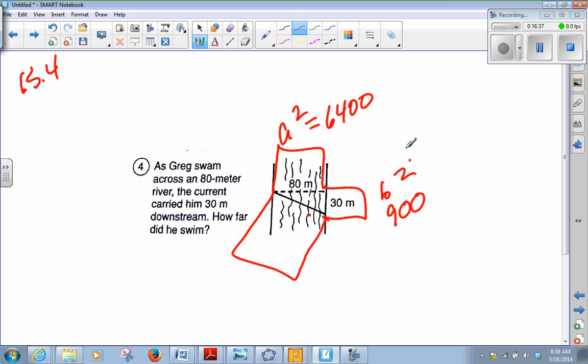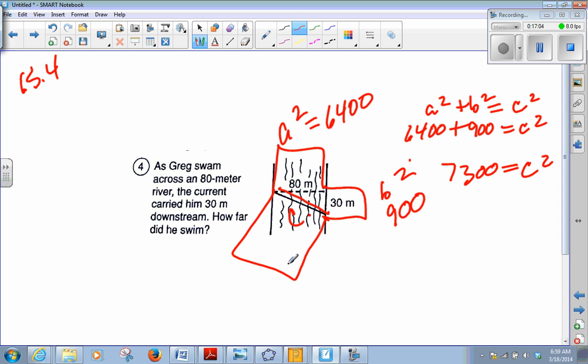Okay, so this is C right here, our missing amount. So A squared plus B squared equals C squared. This time the two shorter sides were given to us. So 6,400 plus 900 equals C squared. So 6,400 plus 900 is going to give us 7,300.